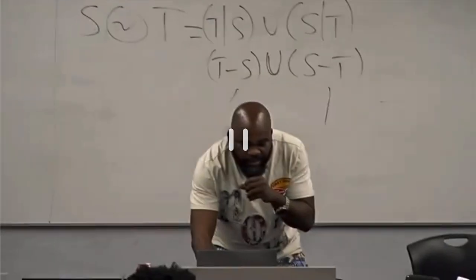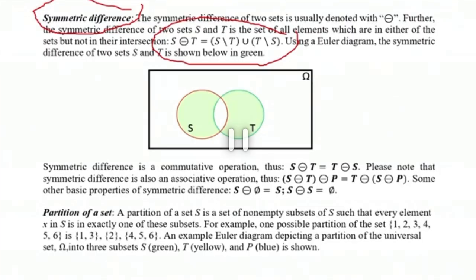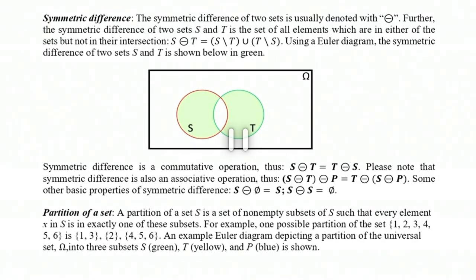Now I want to walk you through properties of symmetric difference. Now you know how to get symmetric difference. Of course, I'm releasing assignment 1 on Sunday. Now take a look at this. Symmetric difference is commutative. That's what I mean. If I find S symmetric T, it is the same as T symmetric S. So it's commutative.